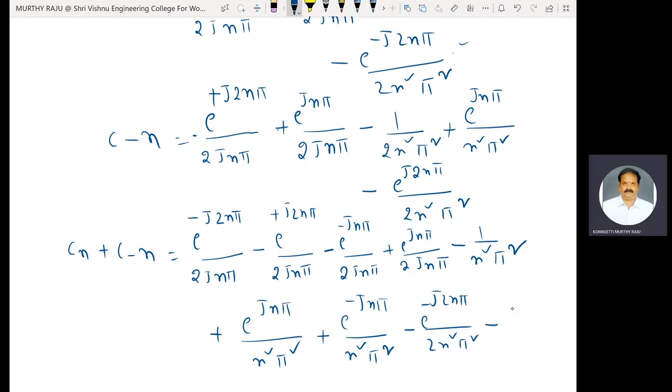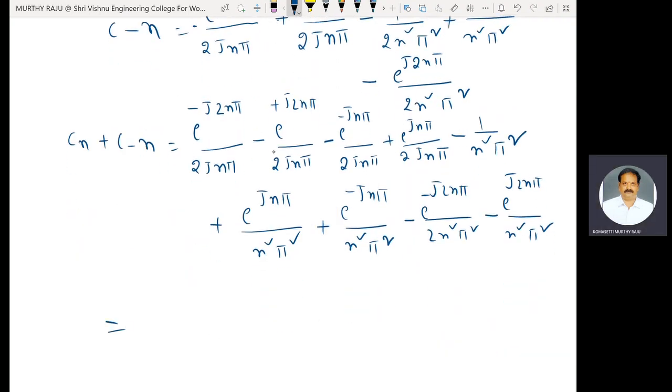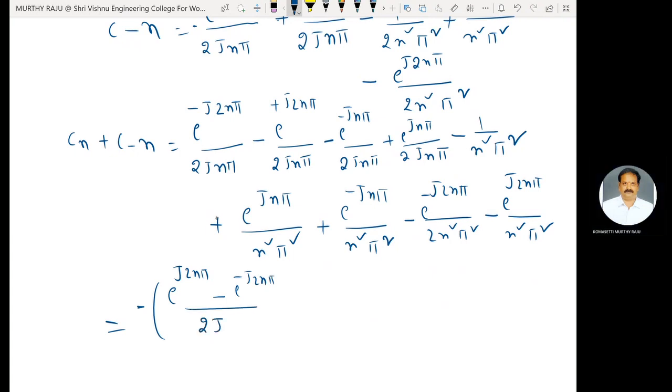Here minus e^(j2nπ) by n²π². That is equal to, here minus sign, (e^(j2nπ) minus e^(-j2nπ)) by 2j, 1 by nπ is the common term. Here minus sign is also there, here minus.